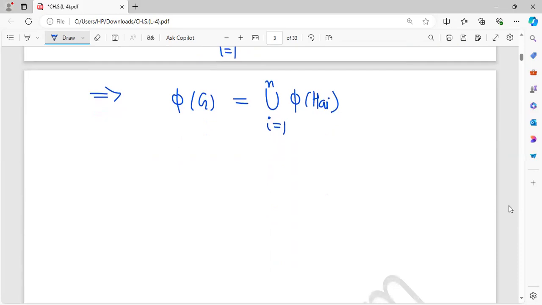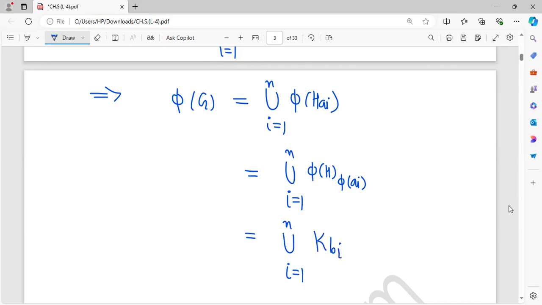This is nothing but the union of phi(H) phi(ai), which is equal to the union over i from 1 to n of K bi.